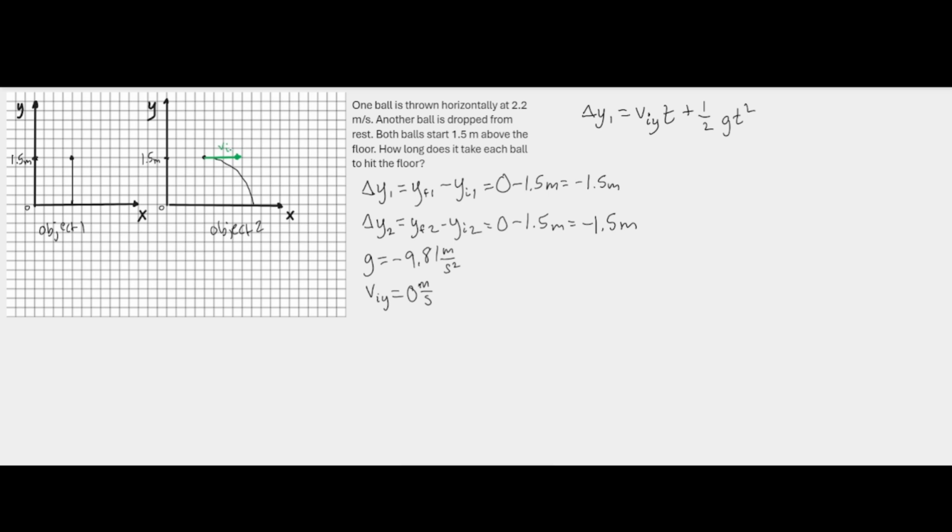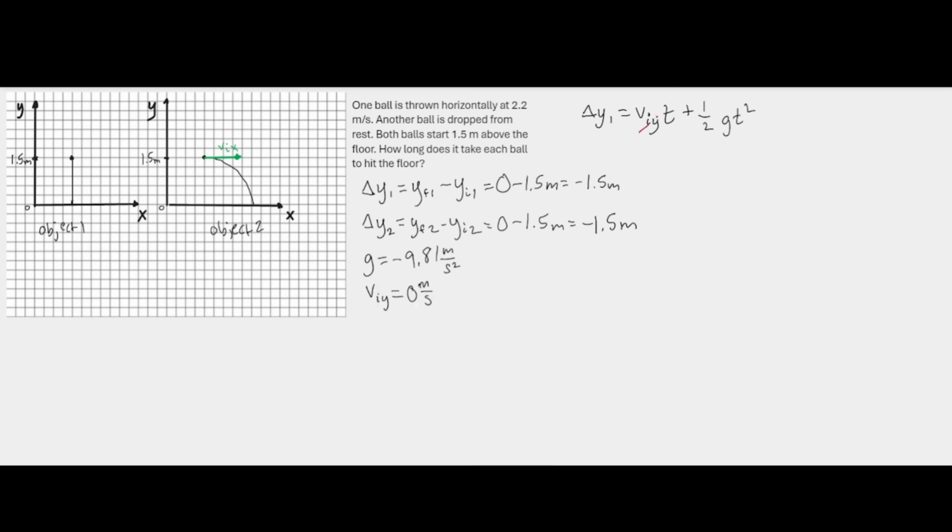There is no initial velocity in the y direction. It is also 0. So v_iy equals 0 for both objects. When you consider the vertical direction, they're both just being dropped. You have to remember that the vertical motion is independent of the horizontal motion. So although this is thrown horizontally, there is no initial velocity in the vertical direction for object 2. So v_iy is 0 meters per second.